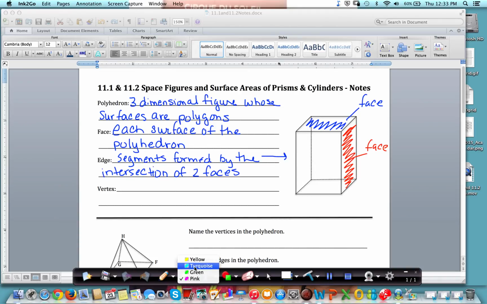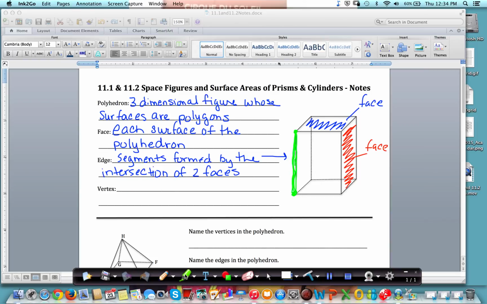Perhaps we choose green. So from this point right down this side, that whole side, that's a segment from one piece to the other. I apologize for it being so wiggly. This is a new pen for me, and it's wireless, so it's a little strange. So the edge is the segment from the top all the way down to the bottom, okay?